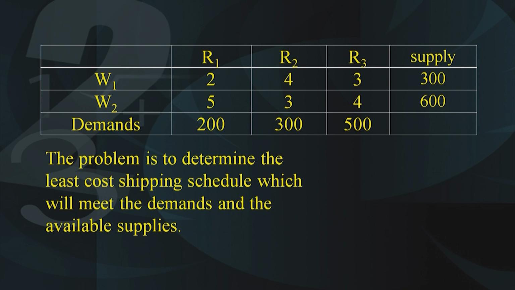The problem faced by the manufacturer is to determine the least cost shipping schedule, which will meet the demands and the available supplies. So, the demands and the supplies have to be met and we need to determine how many units of the product should be sent from Wi to Rj.